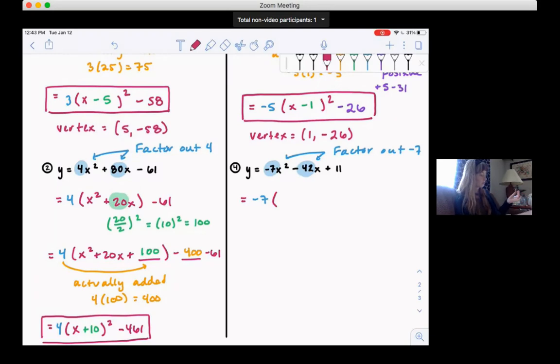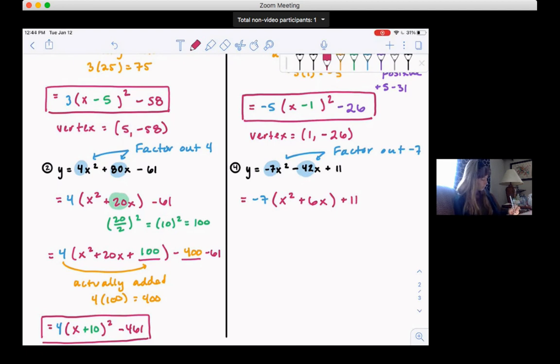So -7x squared, undistribute the -7, we're just left with x squared. -42x, undistribute or divide out a -7. So we have -42 over -7. That's going to give us a +6x. Negative over a negative is a positive. And then we still have plus 11 outside.